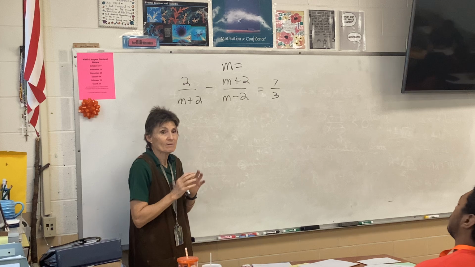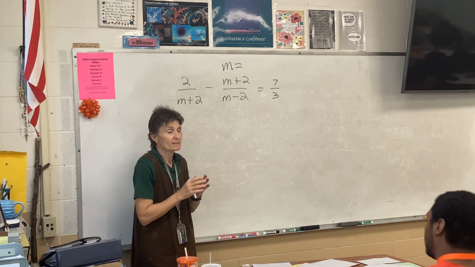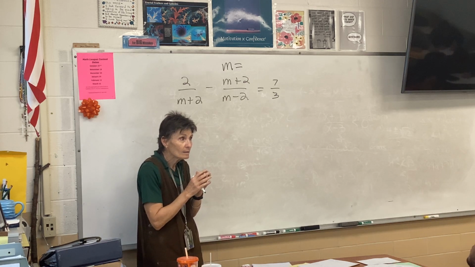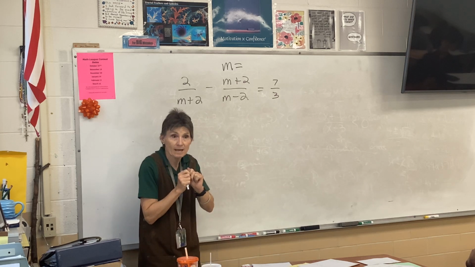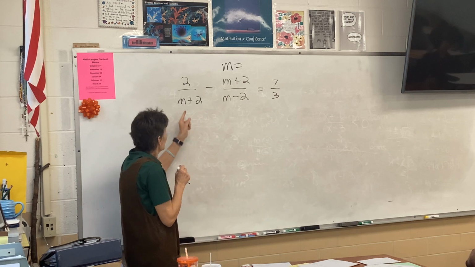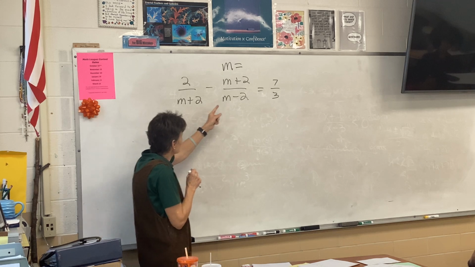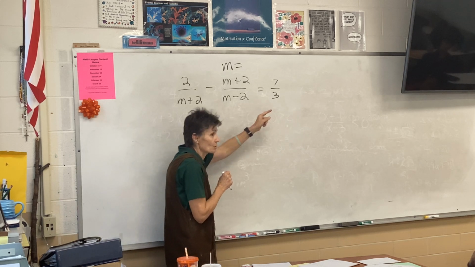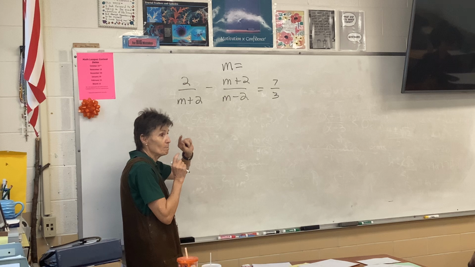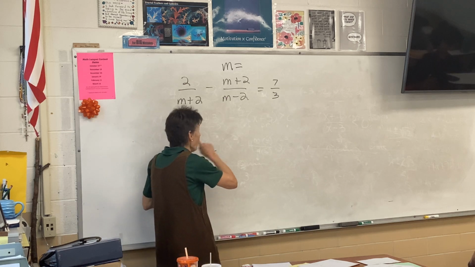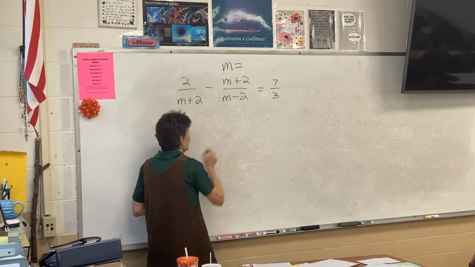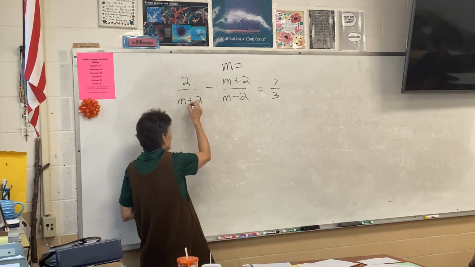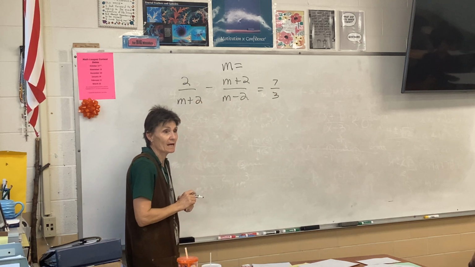We said the key to this kind of problem is making all of the denominators the same. All of the denominators have to match, which means they all have to have a 3, an m minus 2, and an m plus 2. Would everyone agree with that?